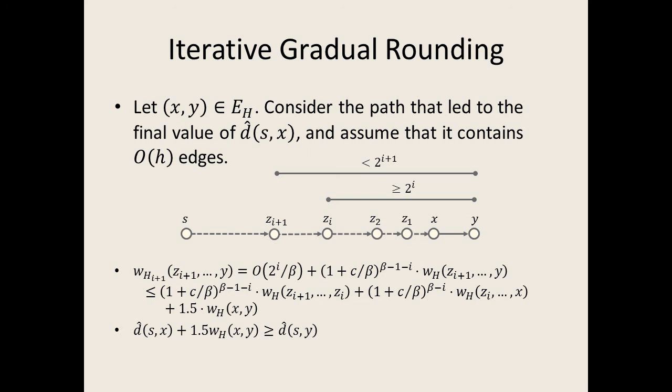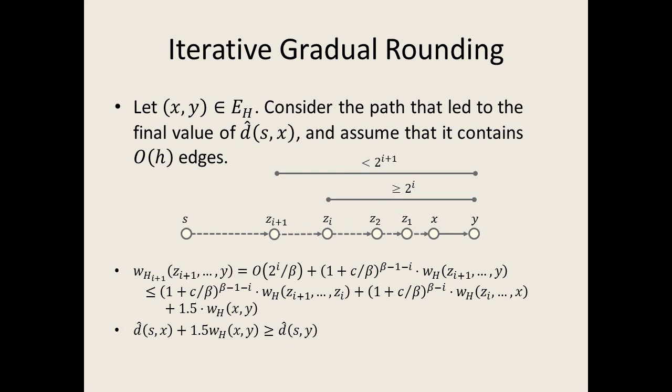So by unfolding all these shortcuts, we get this path from s to x, as we can see here, and we add to it the edge xy. Note that the vertices z1, z2, and so on are actually the vertices to which the shortcut edges were connected in the corresponding iterations.